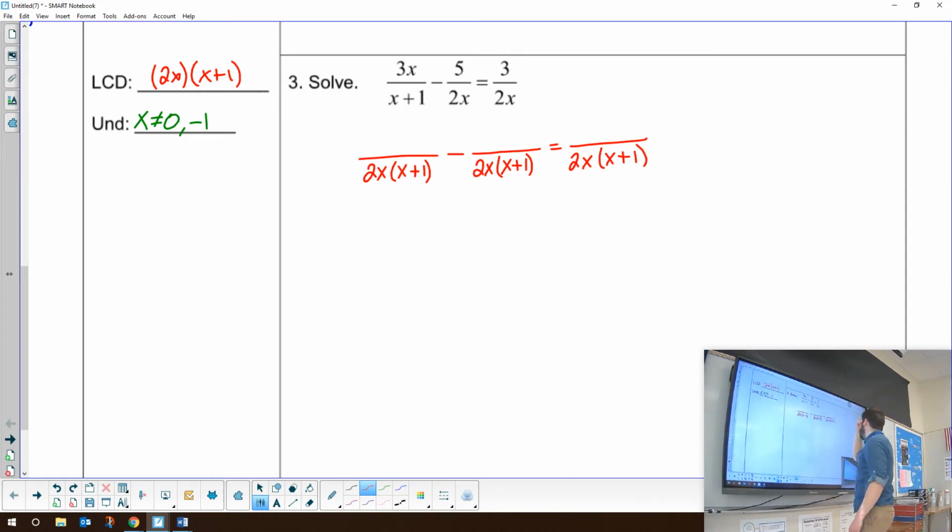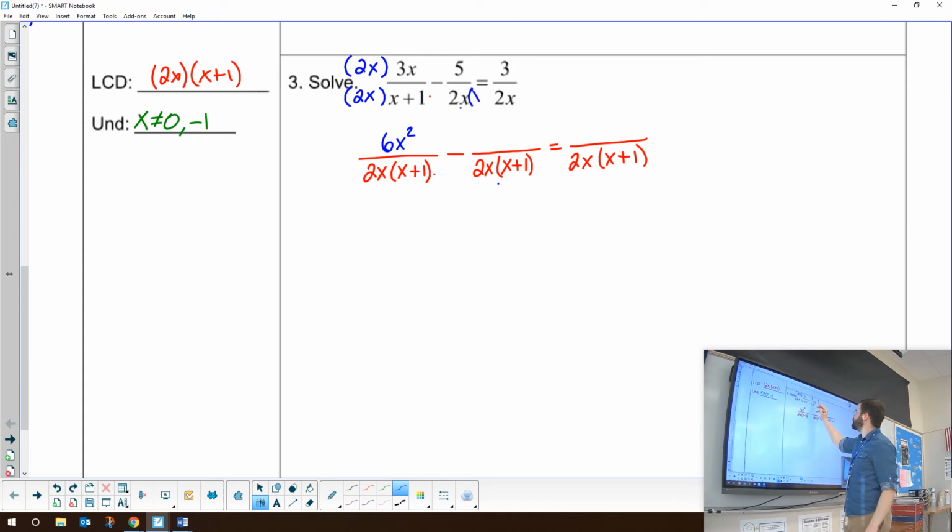Okay? So then, I just need to think, okay, to get from x plus 1 to 2x times x plus 1, we're missing the 2x. So I'm going to multiply by 2x to the top and bottom. 2x times 3x is 6x squared. Next, to get from 2x to 2x times x plus 1, we're missing the x plus 1.